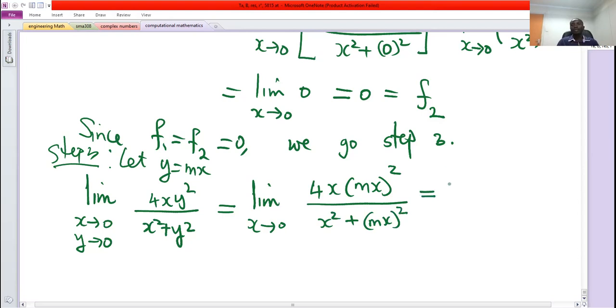So this will be the limit as x approaching 0. Now this is 4m squared x to the power 3, because this will be m squared x squared, so x times x squared gives x to the power 3, over x squared plus m squared x squared.